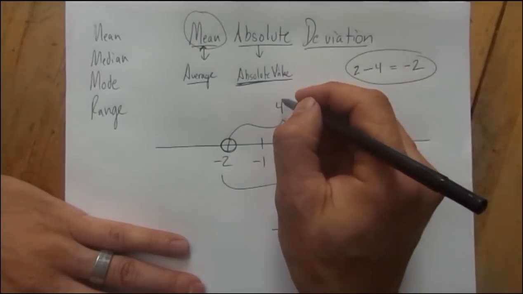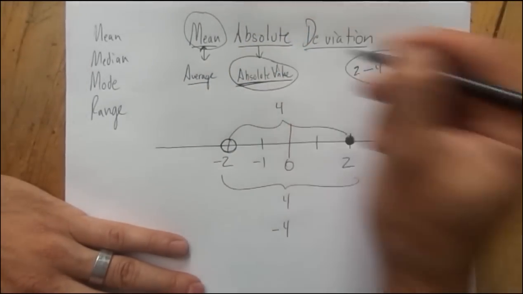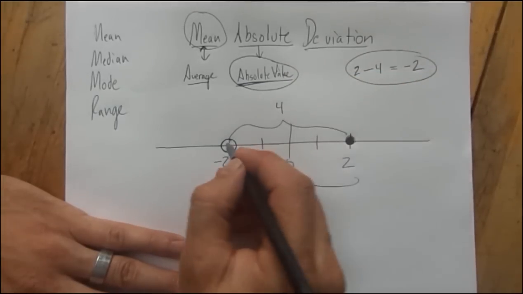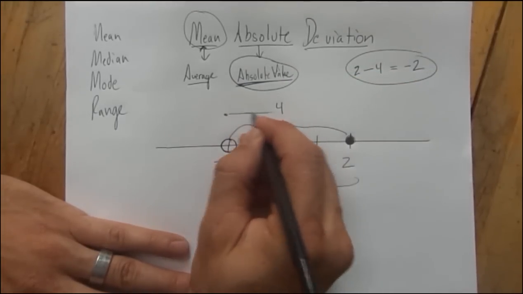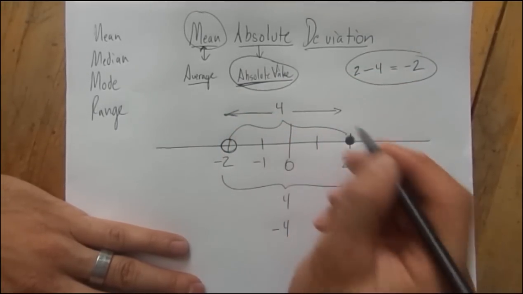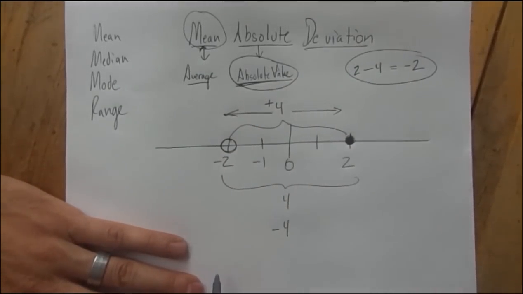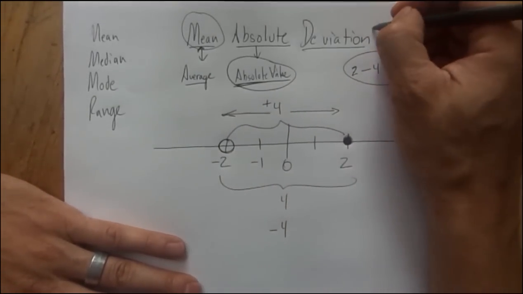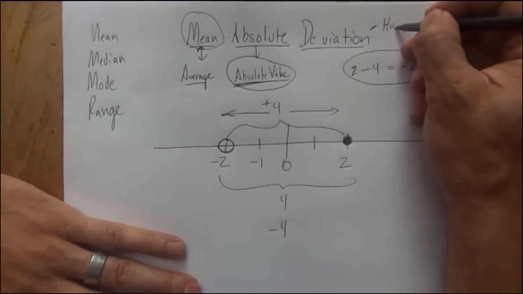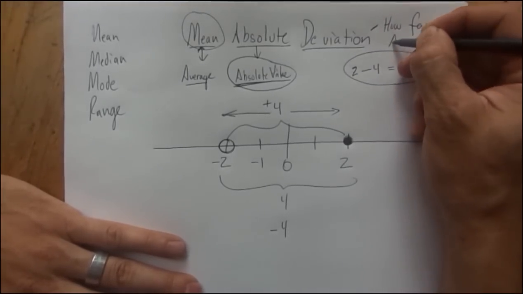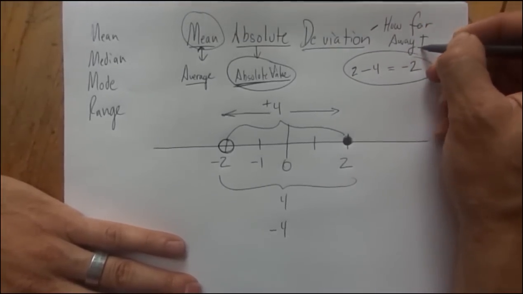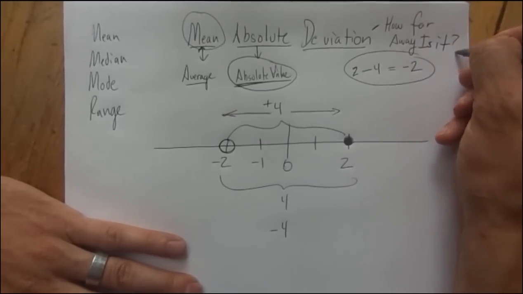When we're talking about absolute value, all we're talking about is a distance from one point to another point. It's always going to be a positive number. All right? Deviation means how far away is it?